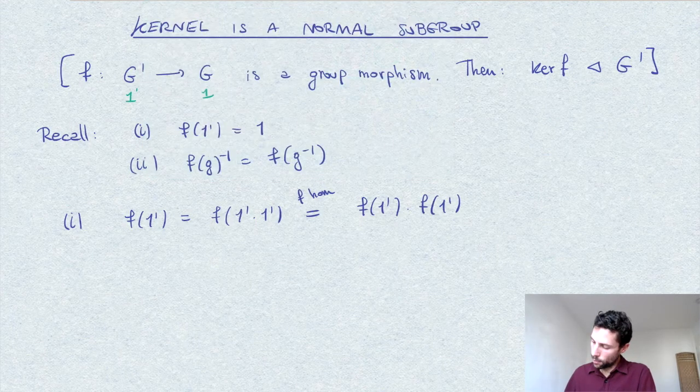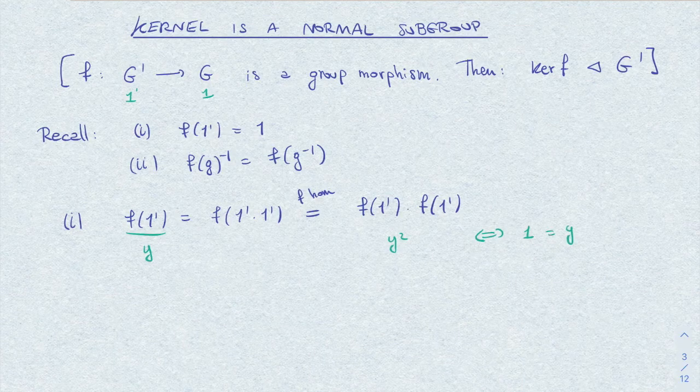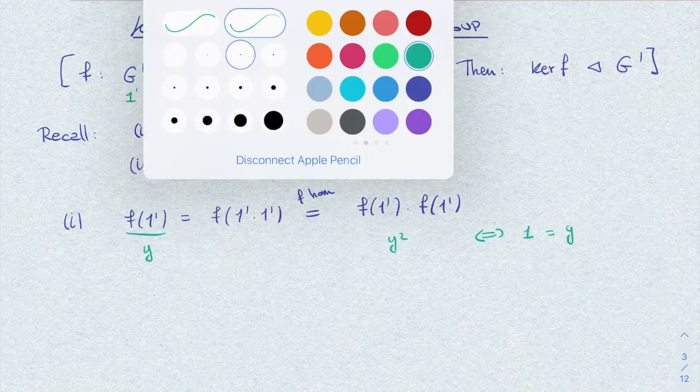What we have on the left and right hand side is an element in G, let's call it y, and on the right hand side we have y squared. And of course the equation y equals y squared is equivalent to 1 equals y.